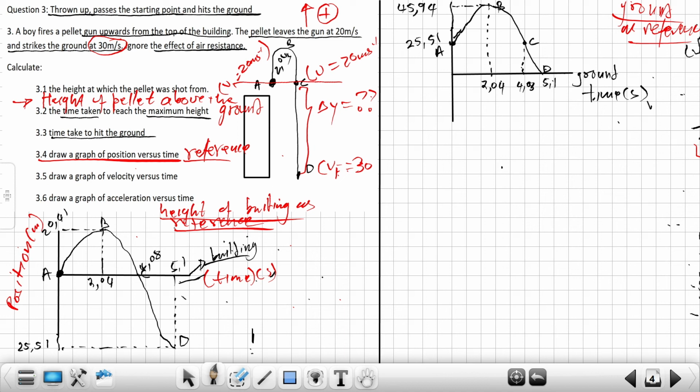So it will entirely depend on what information is given to us, which information did we calculate. So from that information it's easy.